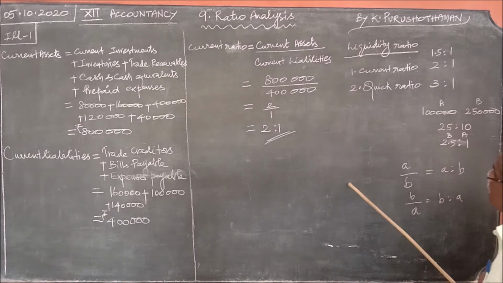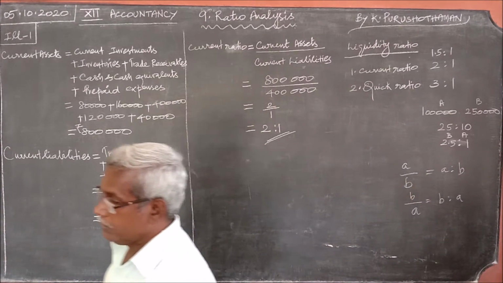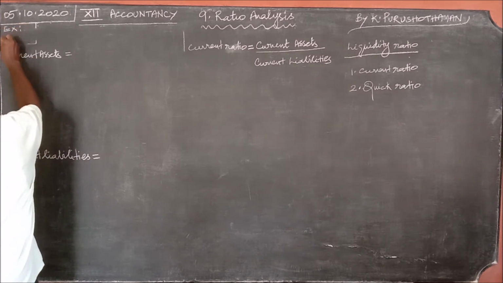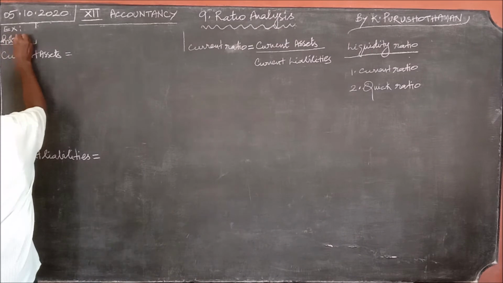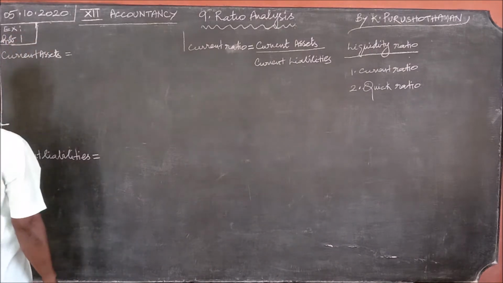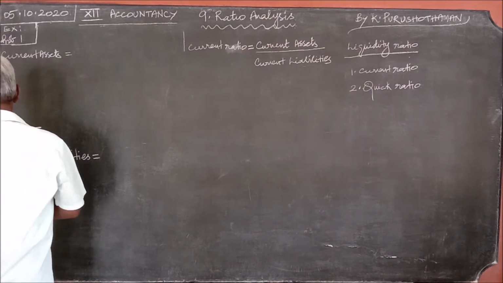We will continue the same types of problems once again. From the exercise, we shall do problem 1, more or less the similar model. The terms are something different. That is why I have taken this and am doing it.